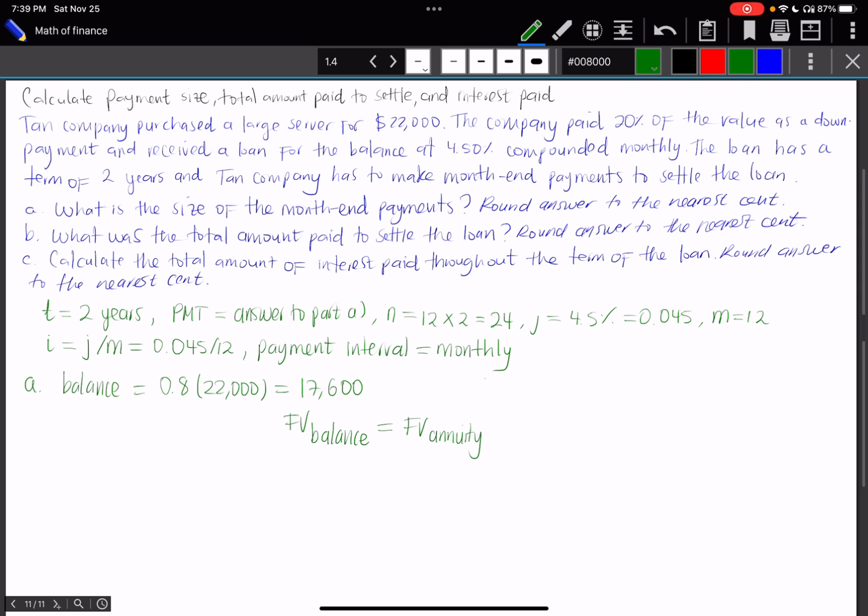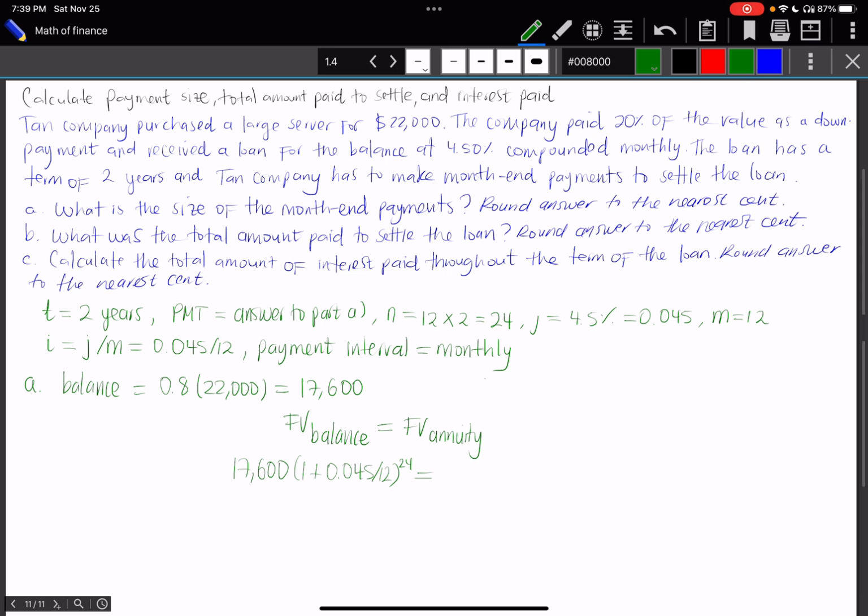At this point, we use compound interest. The future value of $17,600 is 17,600 multiplied by 1 plus 0.045 divided by 12, to the 24, and this should be equal to the future value of the annuity.